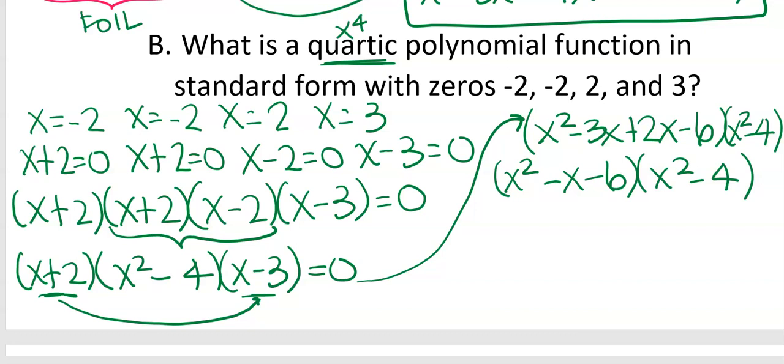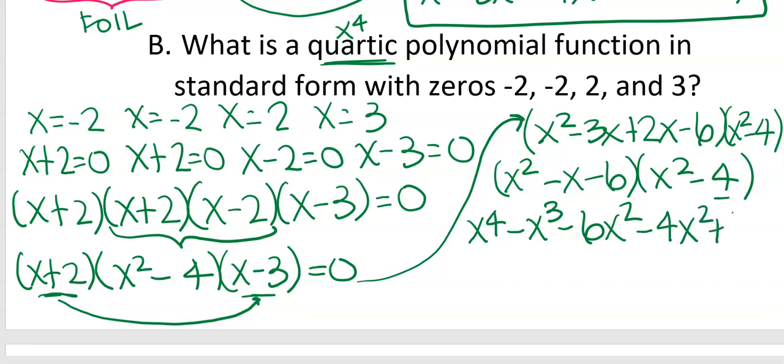So x squared times x squared would be x to the 4. X squared times negative x would be negative x cubed. X squared times negative 6 would be negative 6x squared. Now we'll go to the negative 4. Negative 4 times x squared would be negative 4x squared. Negative 4 times x would be plus 4x. Negative 4 times negative 6 would be plus 24.